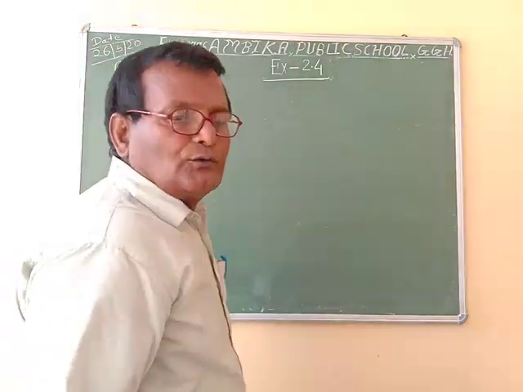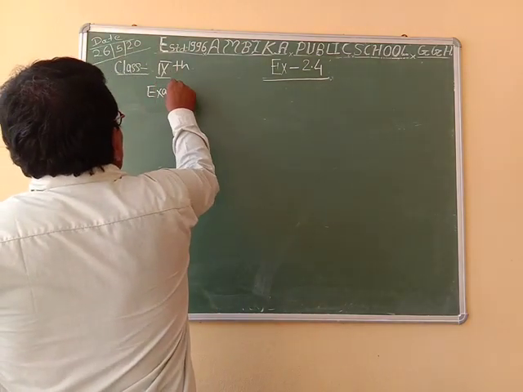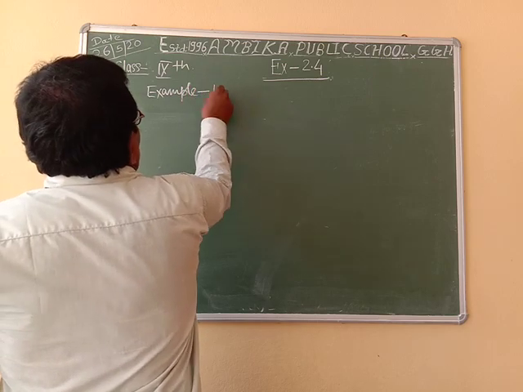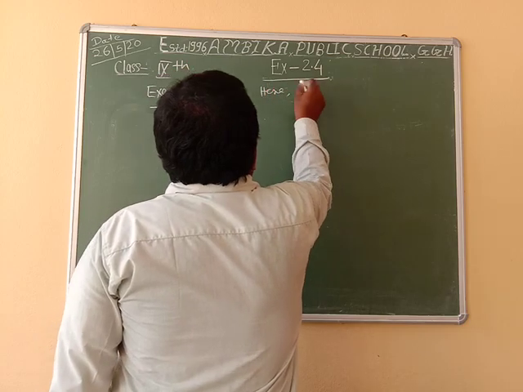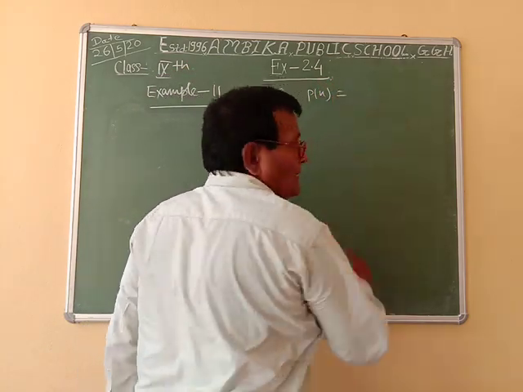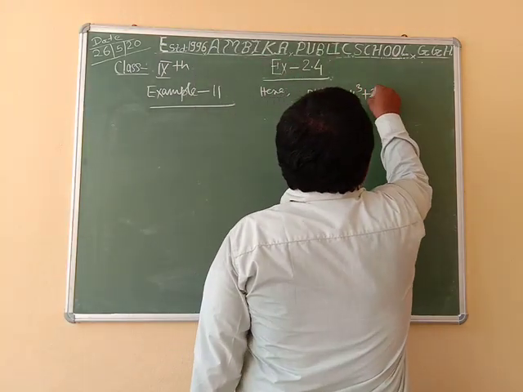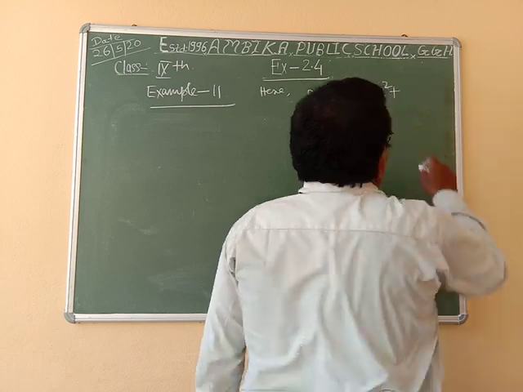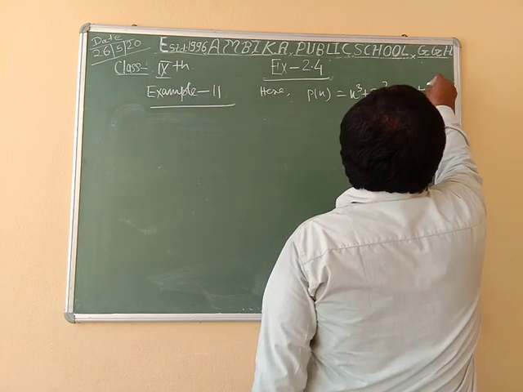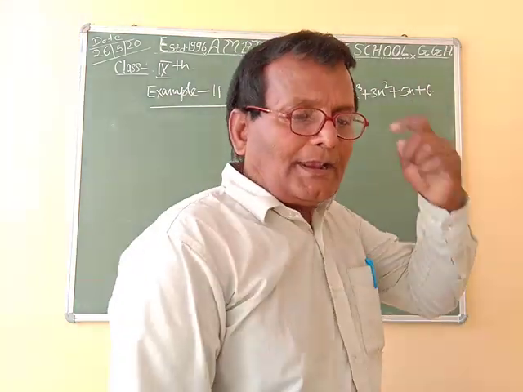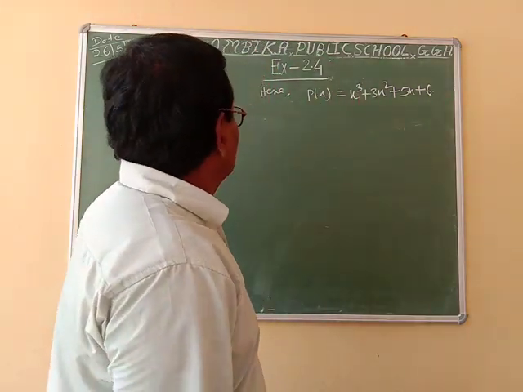Here Px is equal to x cube plus 3x square plus 5x plus 6. Examine whether x plus 2 is a factor of given polynomial Px.